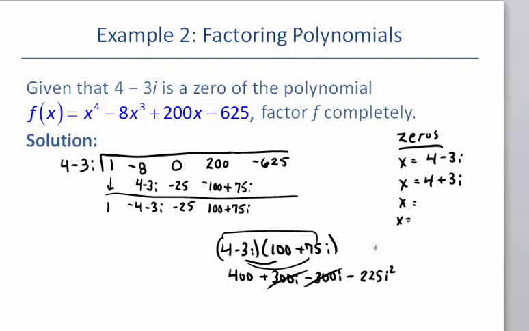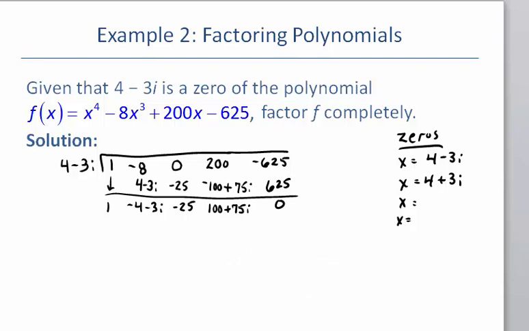So again, middle terms are going to fall out. We're going to put a negative 1 in for the i squared. So it's 400 plus 225, which is 625, which gives me 0. Okay, now that can seem a little tedious. You just need to be careful as you're doing that calculation.